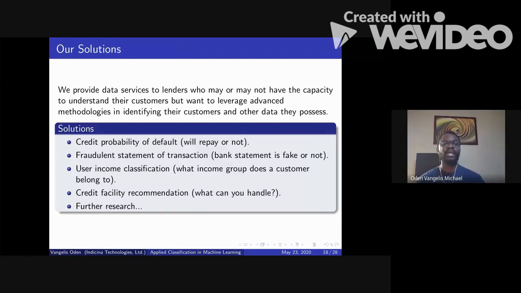So we take your data and we build a credit probability of default model. What we're trying to say in that is, will a customer repay a particular loan or not if he applies for that loan, based on how people have been interacting with that particular loan portfolio you have. So we can just use historical data and say, okay, if this customer has this, works in this place, does this, comes from this place, and all of those data points, we put all of them together.